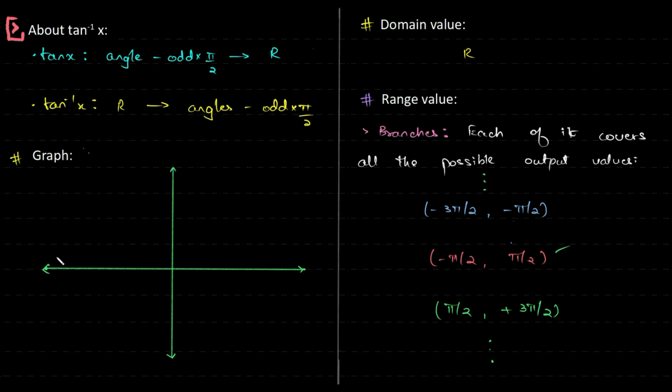So graphically it looks something like this. This is your domain basically, and this is your range. Say I take this as pi by 2, and there is a gap of 1 to 3.5, it will come over here actually.